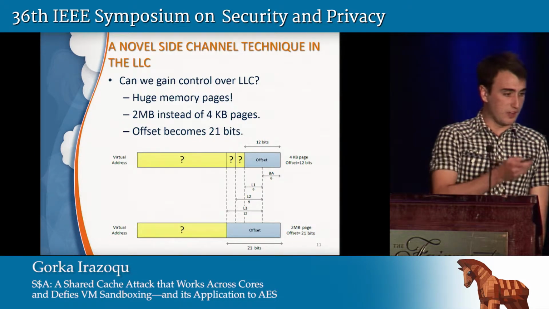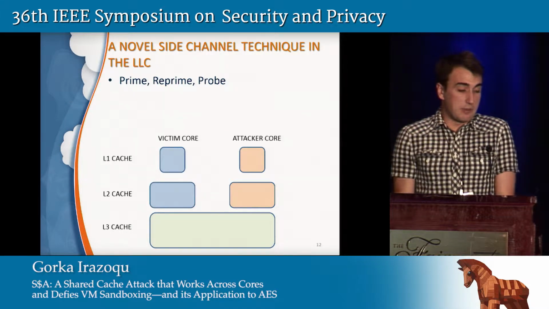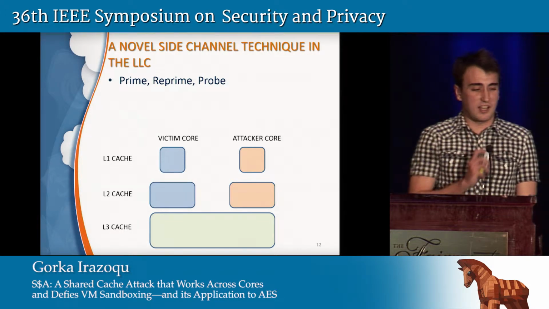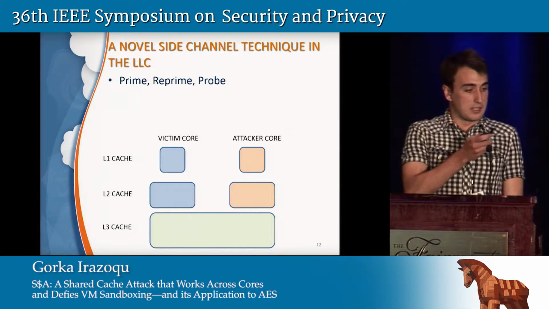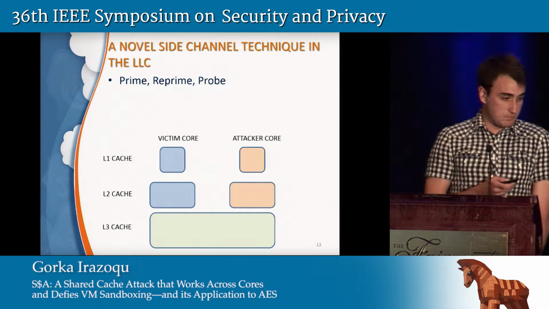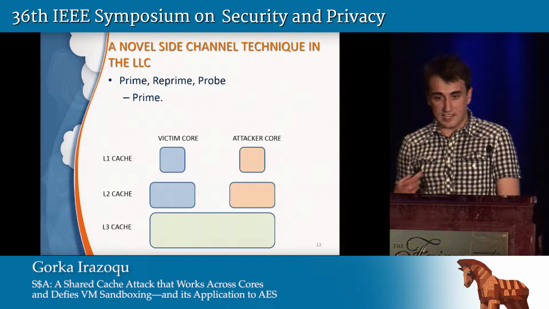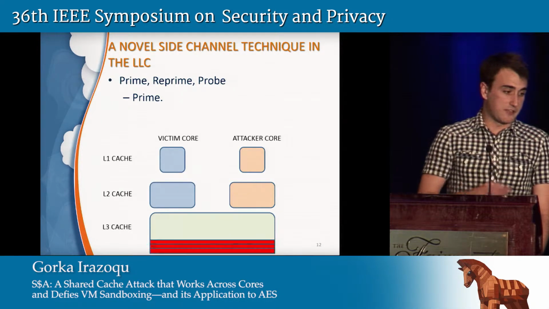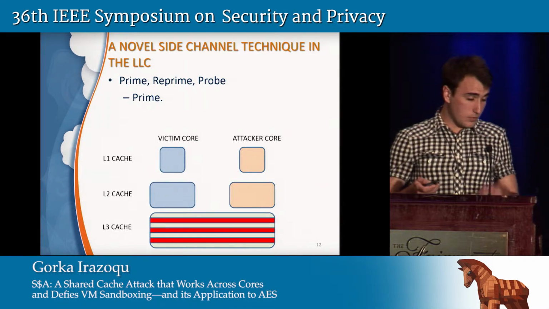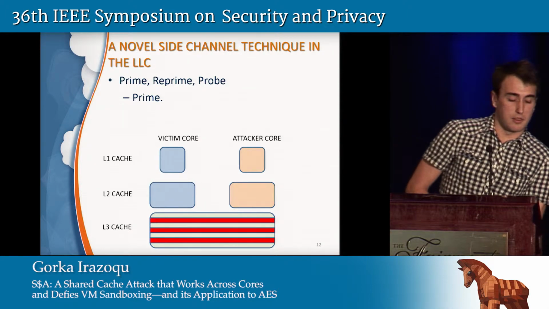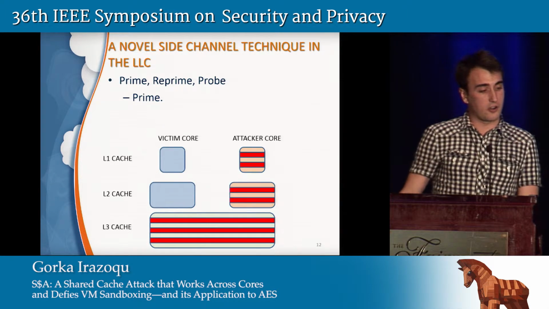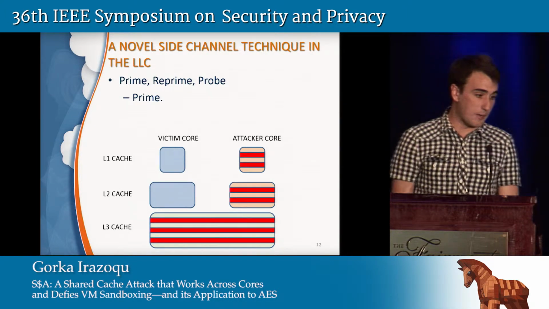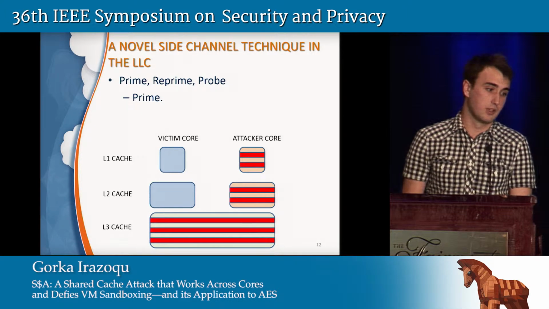Now that we can control the last level cache, we can apply a Prime and Probe process. We're going to add a slightly different step here, which is the reprime process. Let me explain how this works. First of all, as attackers, we generate lines or memory blocks that fill a set in the level 3 cache. However, since level 3 caches are inclusive in Intel processors, the upper level caches are also going to be filled.